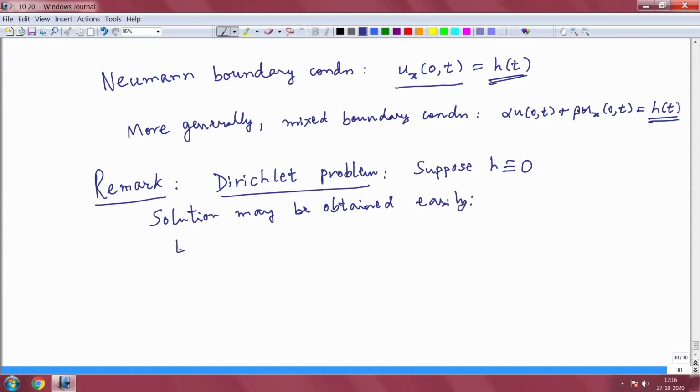How do you do that? Extend u_0 and u_1, which are defined only for x positive, to all of R as odd functions.